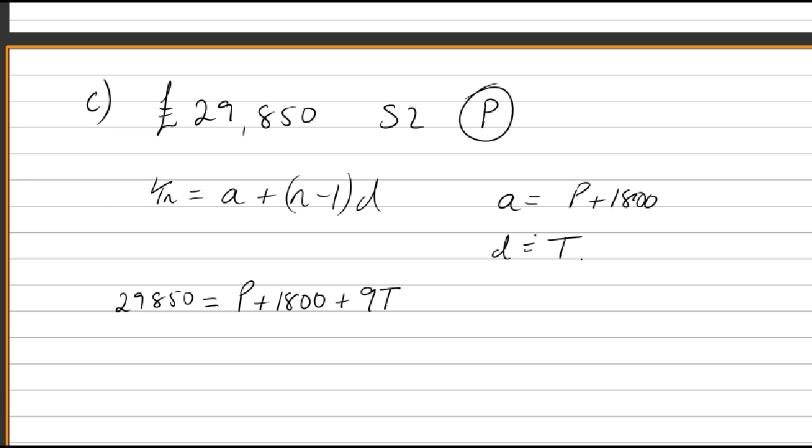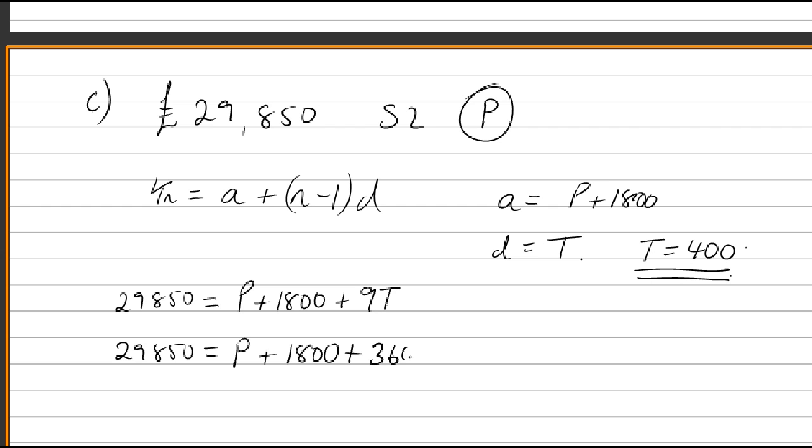Now remember, t was equal to 400, and we found that out in part B. So 29,850 equals p plus 1800 plus 9 times 400, which is 3,600.